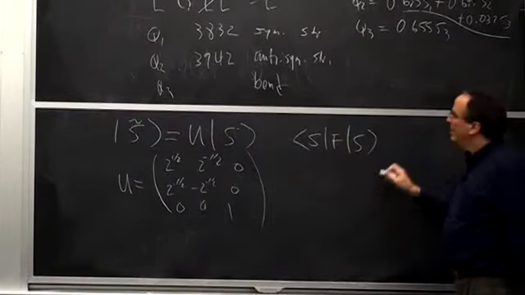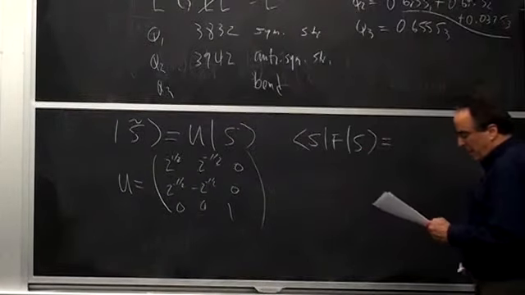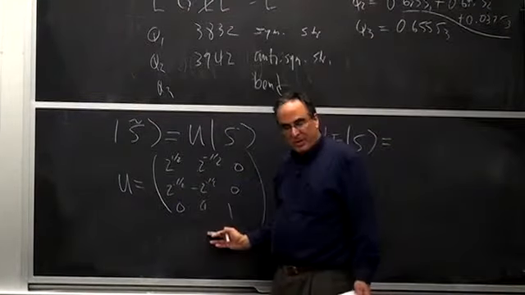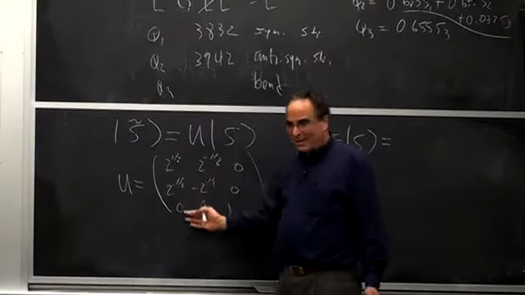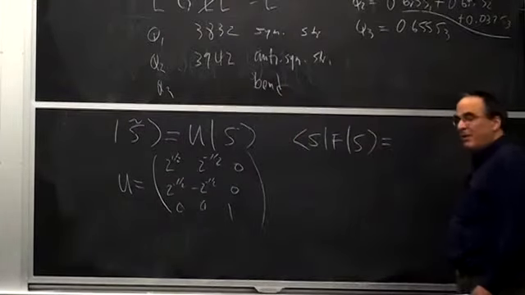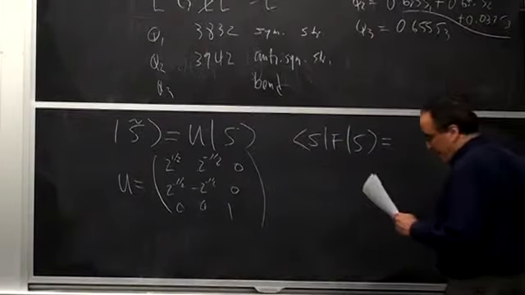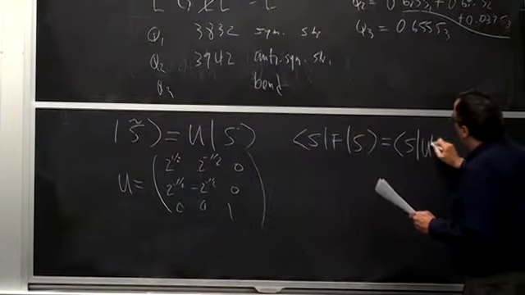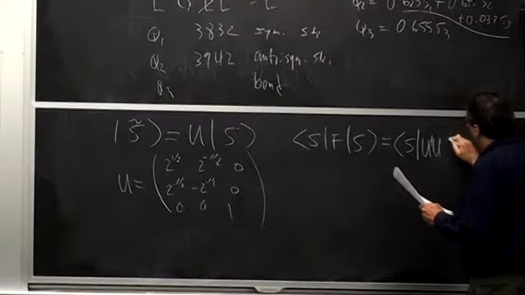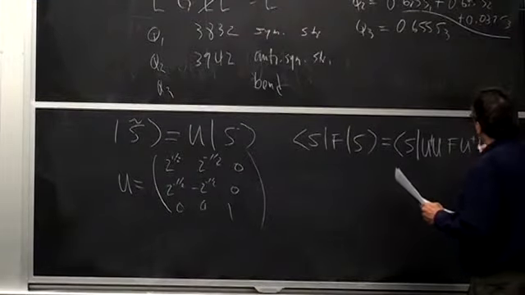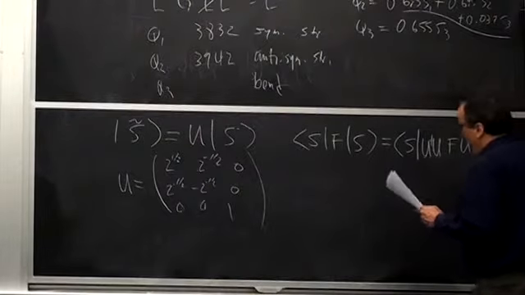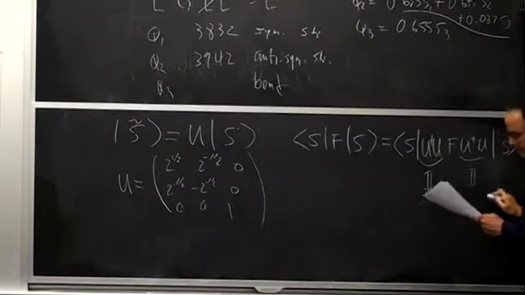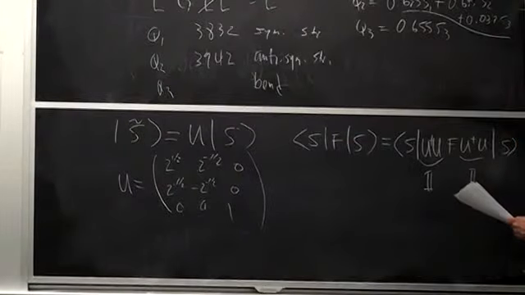Now we can insert 1. This is a unitary matrix as opposed to just a matrix. It's a normalization preserving matrix. We can rewrite this as U dagger U F U dagger U S. We've just inserted 1 into this formula twice. And I did it right.